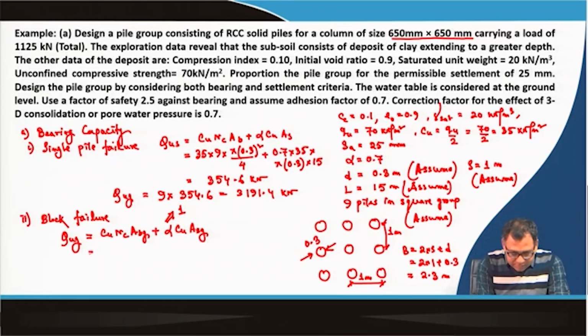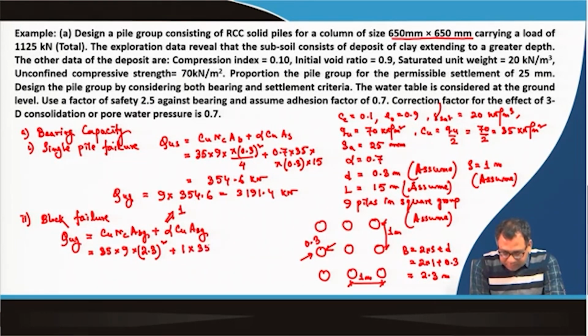So, here Cu is 35, again Nc is equal to 9. Now, this is a square pile group whose B is 2.3. So, this will be 2.3 square, plus adhesion factor is 1, Cu is 35, then the perimeter is 2 into 2.3 plus 2.3, and length is 15.